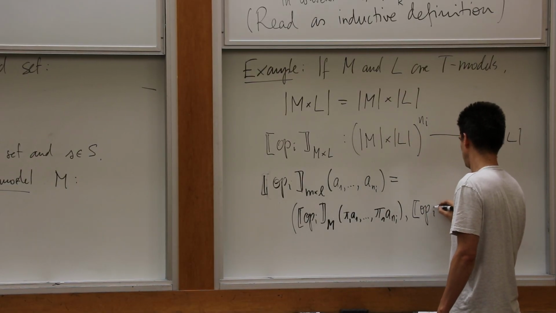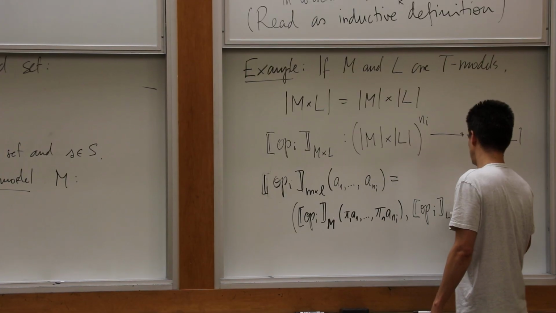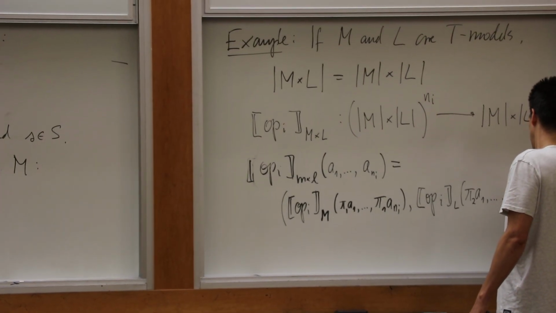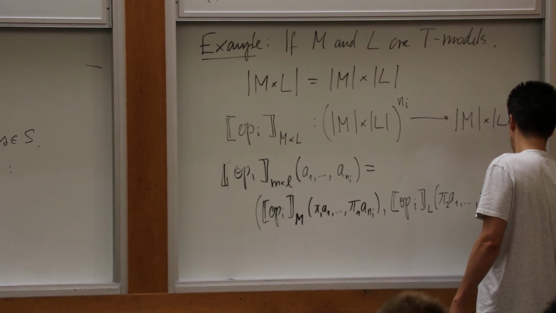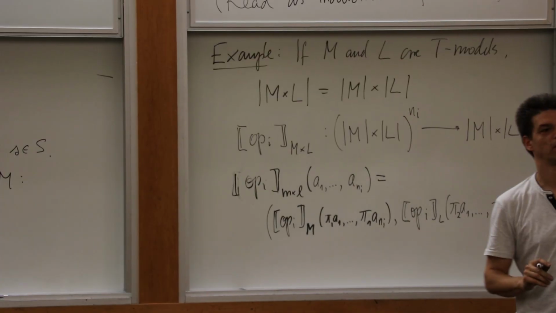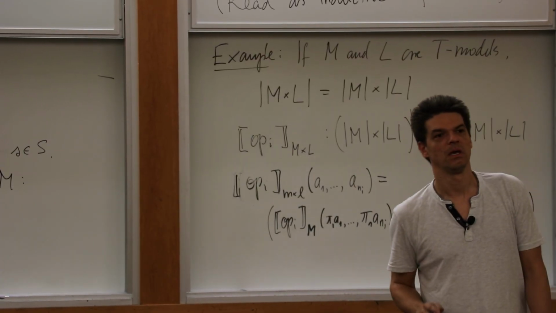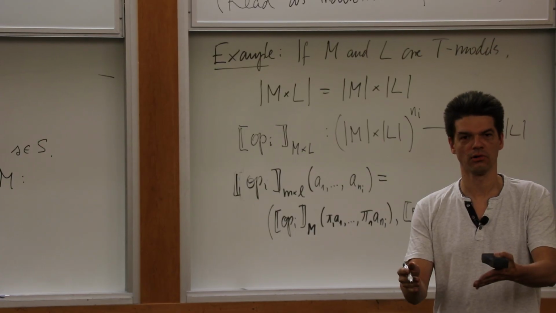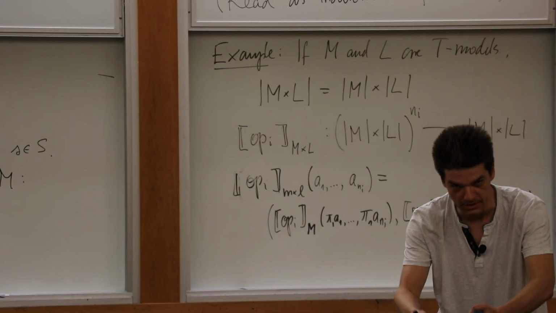It looks all very complicated. It's better to just listen. You take the product of the carrier sets and you do all the operations component-wise.